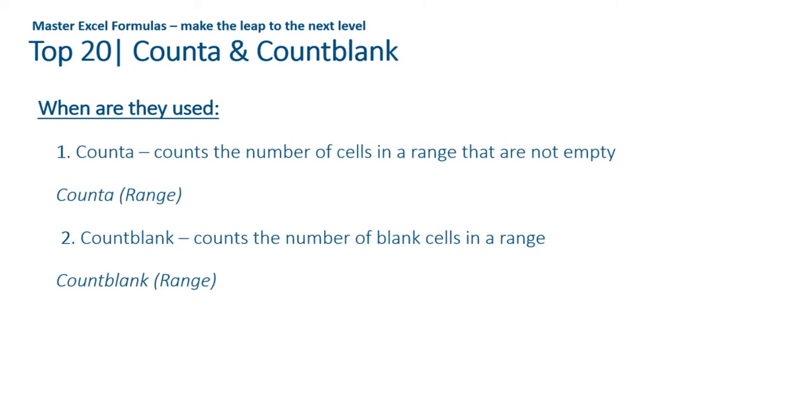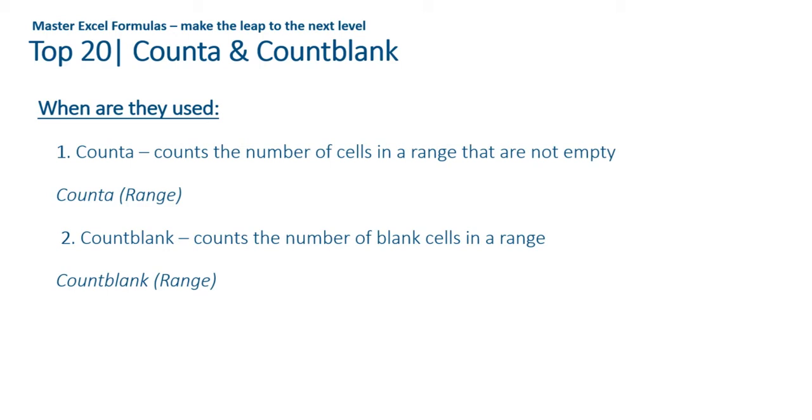So the first set of formulas, they have to do with the count group of formulas. However, these two formulas are slightly different compared to what we went through in the first part of the course.